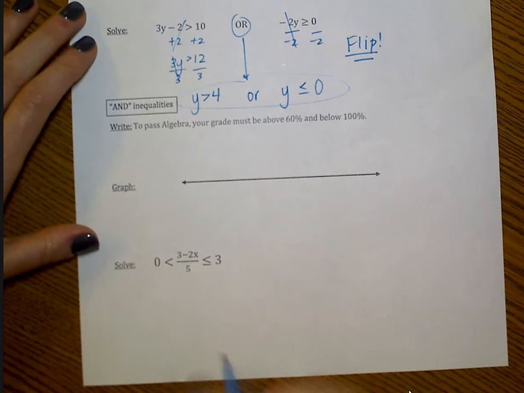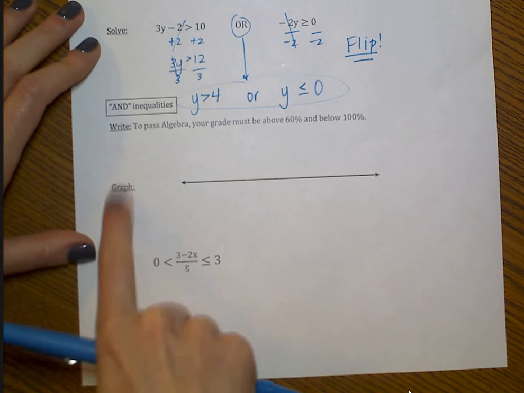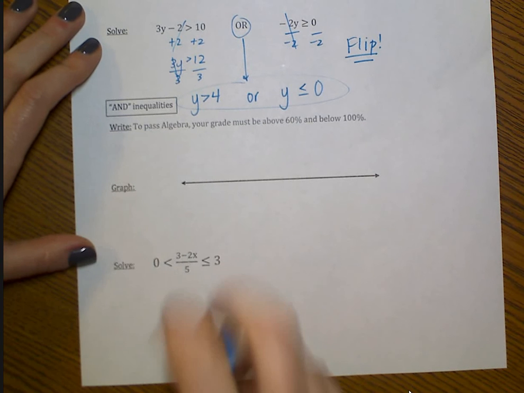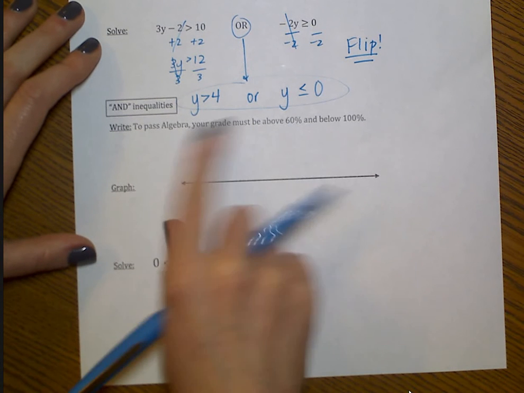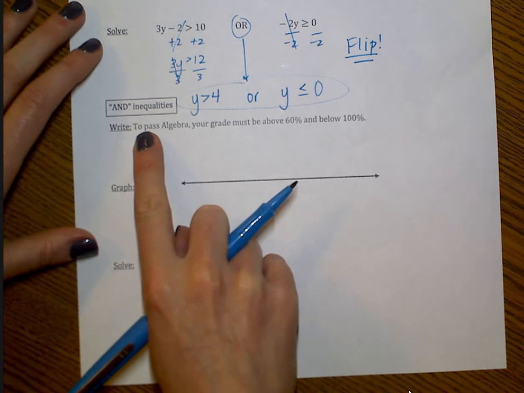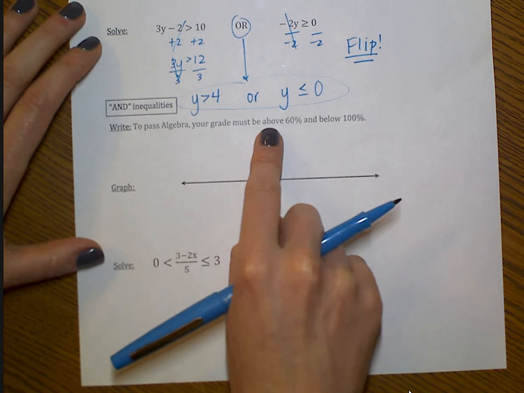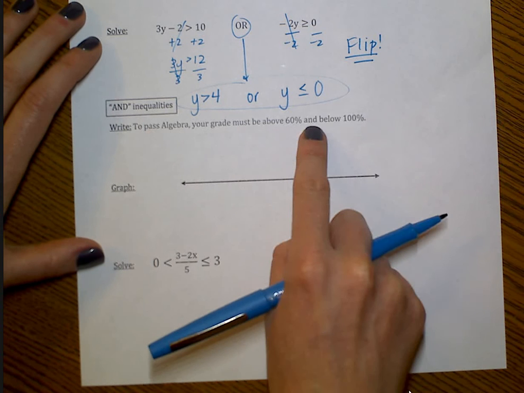Okay, so that's ors, and now we're going to look at and inequalities. Now, these have a little bit more going on to them, but writing them is really no different than the ors. A situation that represents a compound and inequality is: to pass algebra, your grade must be above a 60 and below 100.